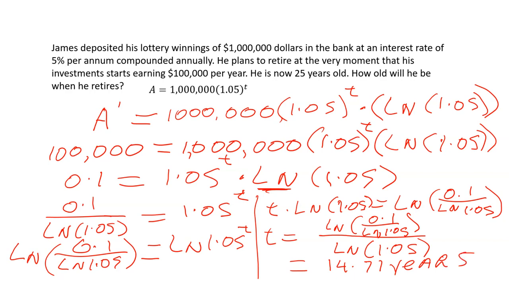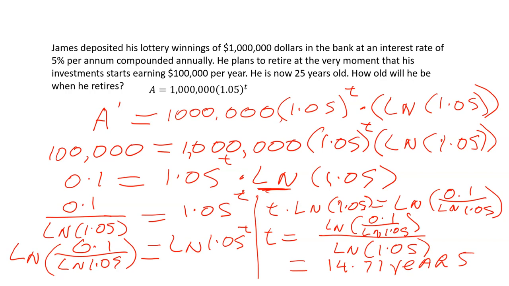How old will he be when he retires? Well, not quite. You'd be pretty close, Sarah. Because he's 25 now, add the 14.71 to the 25, and it's 39 and change. So before this guy's 40 years old, he is going to be looking at his investment rolling in.